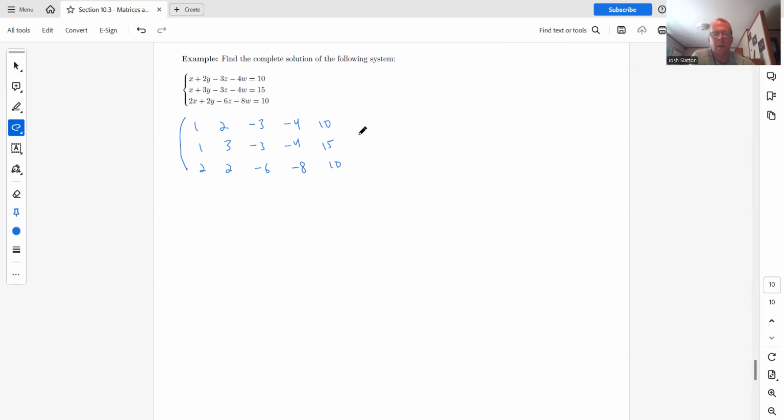All right, so let's work on reducing this. So we have 1, 2, -3, -4, 10. Let's just do row 1 minus row 2. So we have 0, 2 minus 3 is -1, 0, 0, 10 minus 15 is -5.